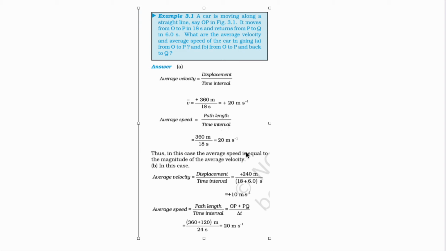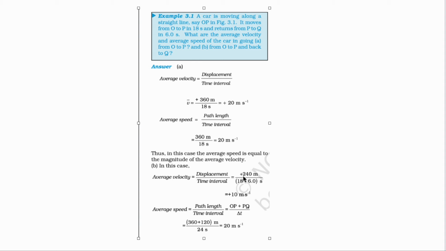Thus in this case, the magnitude of average velocity and average speed is the same. Now it will go from O to P, then it will come back to Q. So the displacement will reduce. According to that figure, this will become 240.